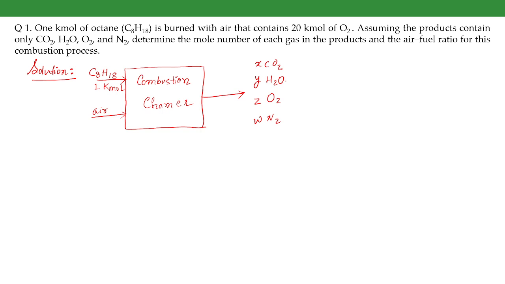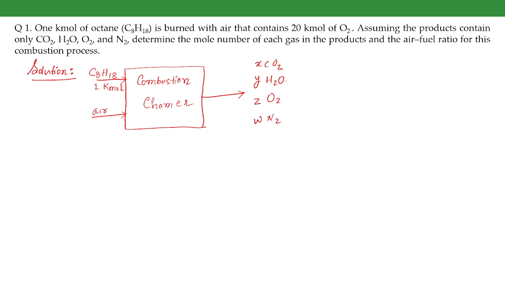So it acts like an inert gas here. So whatever nitrogen, that is 20 kilomole multiplied by 3.76, that was present in the air will be intact after the combustion reaction.